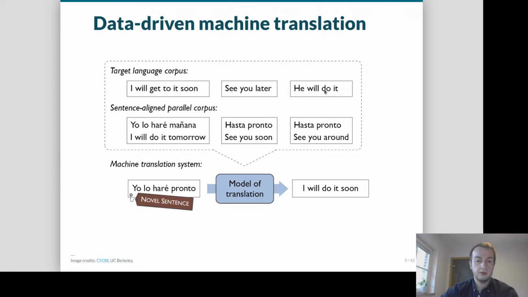And so, for example, we could have pairs from Spanish to English, such as this pair where the input in Spanish is "hasta pronto" and the output is "see you soon" in English. And then the goal would be to take this data in some way to build a model for translation, a probabilistic model for translation, right? So we'd like to find a way to mix all this information in order to be able to translate sentences which would be novel, right?